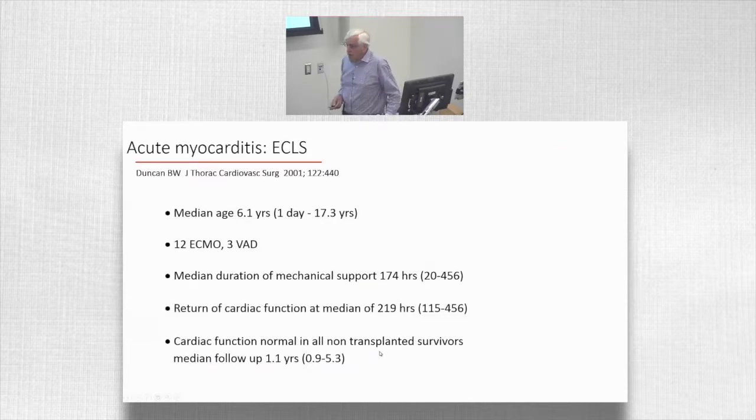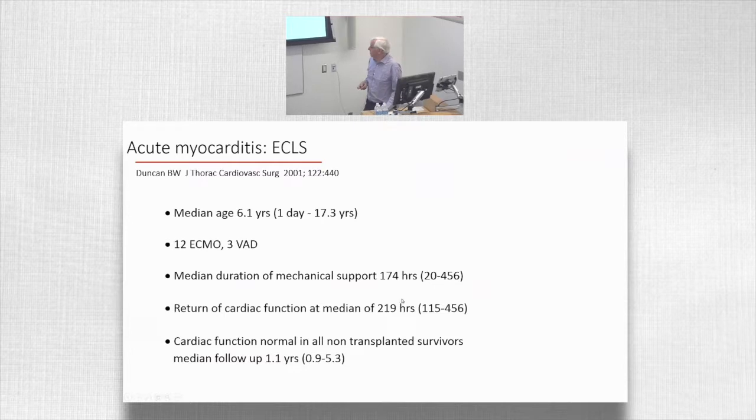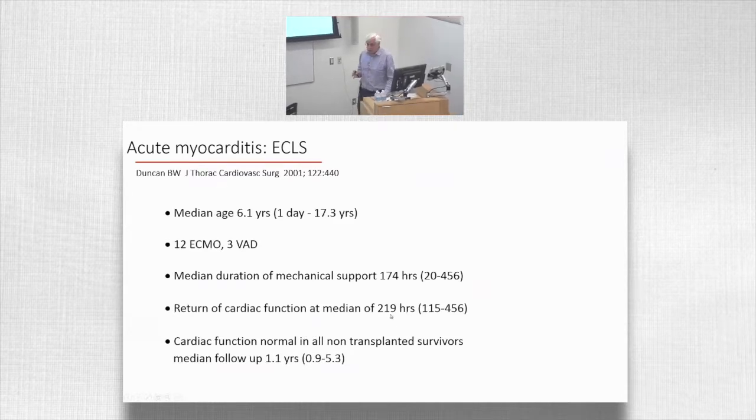And we, together with other colleagues in Boston, put together this case series of use of 12 ECMOs and 3 VADs for patients with acute fulminating myocarditis. And these are sort of extraordinary results where you've got children who develop acute myocarditis, develop catastrophic heart failure to the point of cardiac arrest, emergency deployment of ECMO cannulation with support. And in this case series of 15 patients, there was a return to normal cardiac function without transplantation.